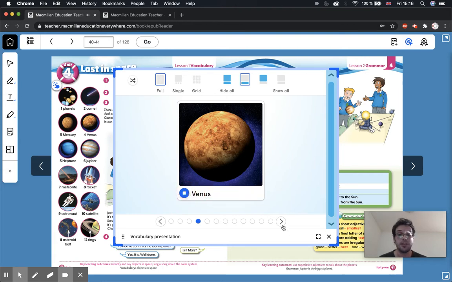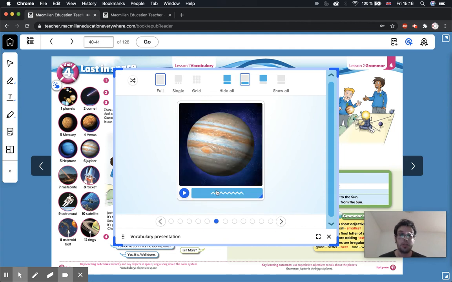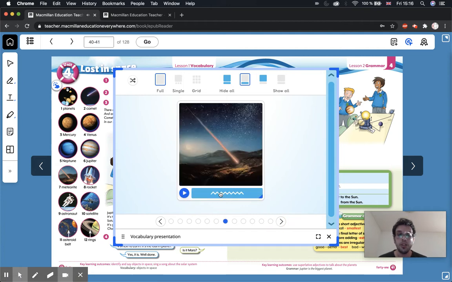Venus. What planet is this? Neptune. What planet is this? Jupiter. This thing that flies through space and crashes into the planet, it's called a meteorite.